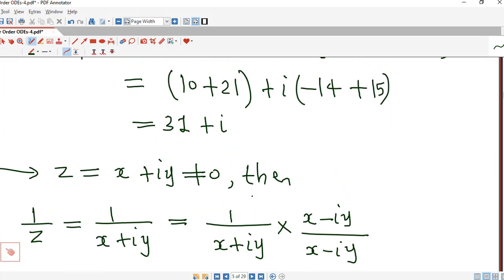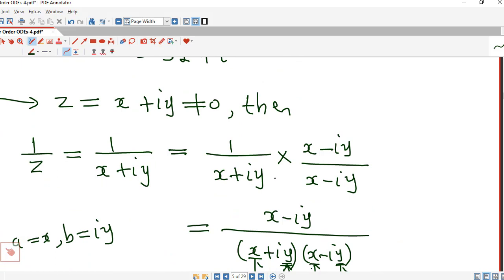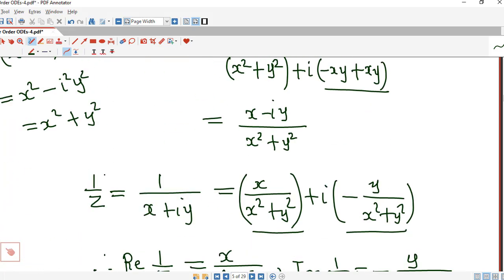So this is just to explain that if our complex number is not in this form, something plus i into something, then how to find its real and imaginary parts. Here 1 by z is not in this form, something plus i into something. So for that we are expressing 1 by z in terms of x plus iy.